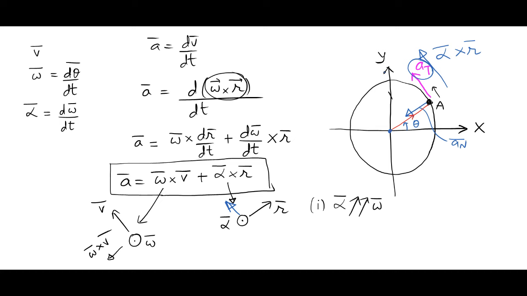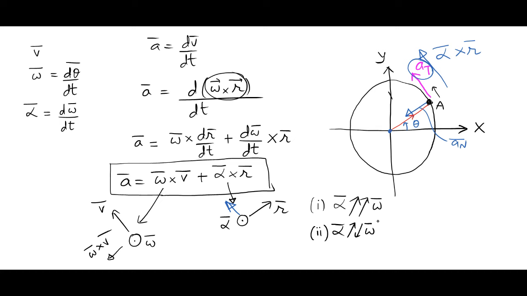So naturally the tangential acceleration must be in the forward tangential direction, because the particle is speeding up. On the other hand, if we consider the second possibility, that alpha bar is in the opposite direction of omega bar, it basically means that the particle is slowing down.